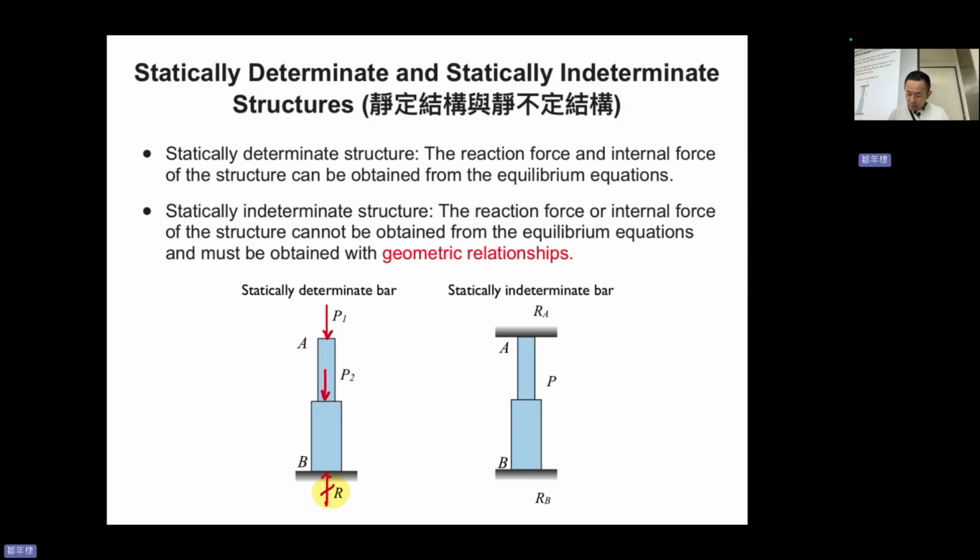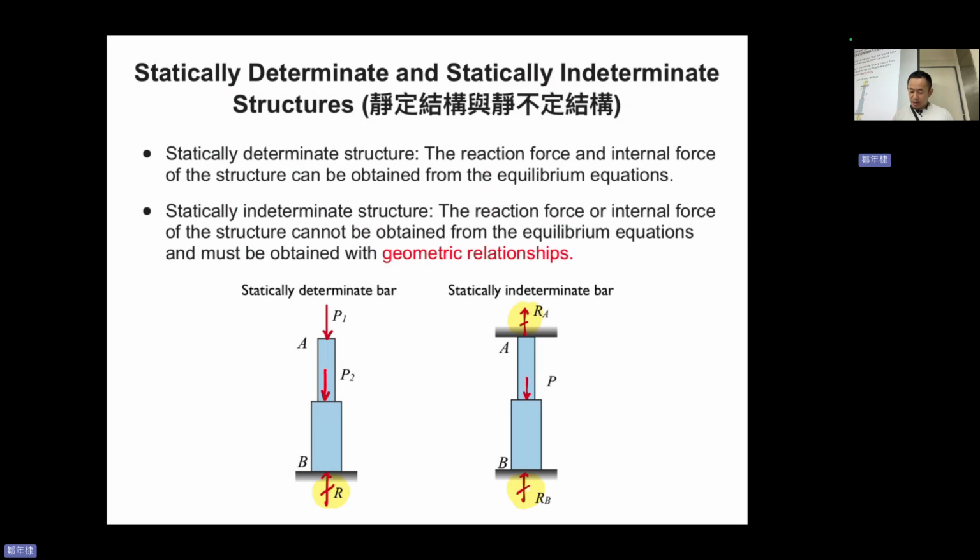Okay, so R is unknown. And then if you have extra fixation support, which means that you may have more than one unknown, and sometimes you don't have enough static force information to make an equation. So you see, Fy equals 0.